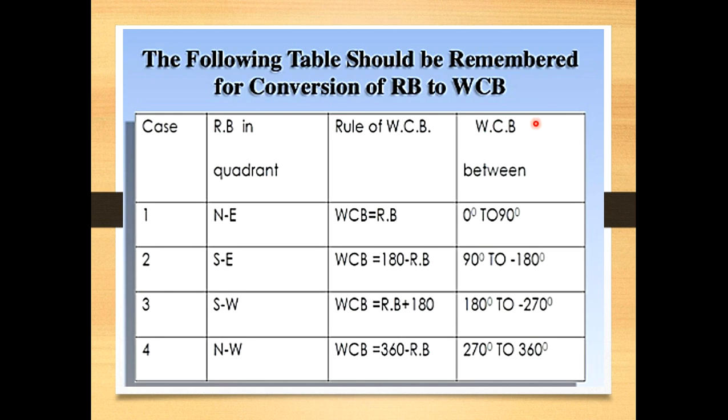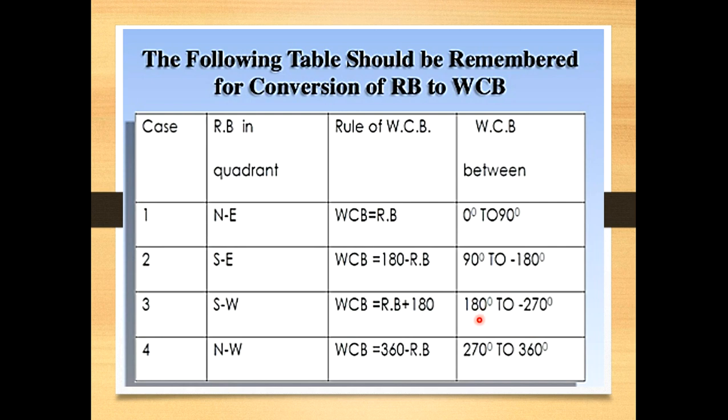Here is the RB, when RB is 0 to 90 degree, then how to calculate WCB? So WCB is equal to RB. When RB is between 90 degree to 180 degree, then WCB is calculated by the formula 180 minus RB.